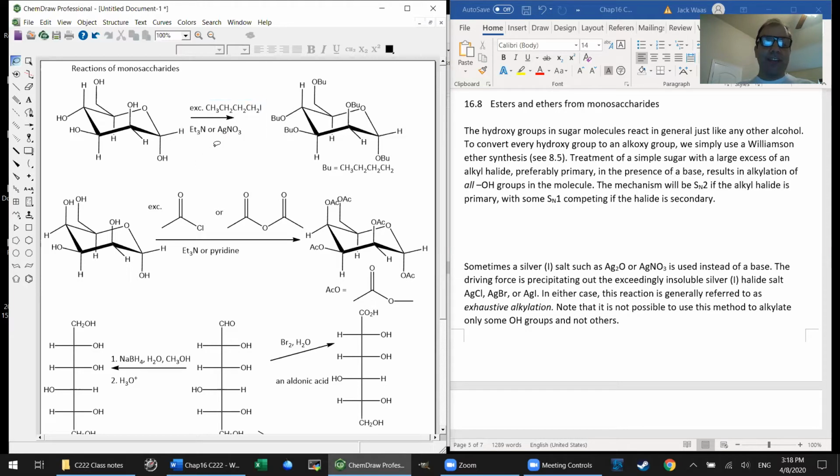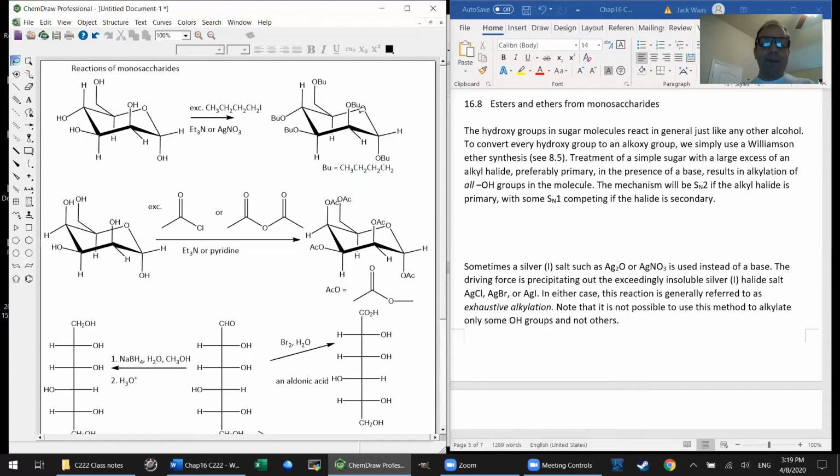In this case, you get silver(I) iodide, AgI. And silver(I) halide salts are exceedingly insoluble. Silver ion really, really likes halide ions, and they make these exceedingly insoluble precipitates. So that's another way of doing it. But you need an alkyl halide and then some kind of base or the silver(I) salt. Either of those would be fine.